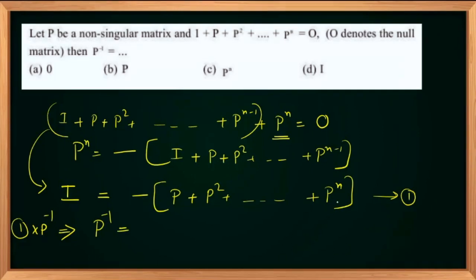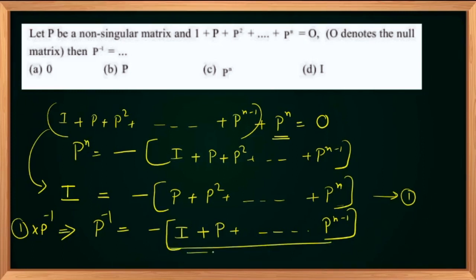If I multiply with each term, one degree will be reduced. So P inverse into P is I, P inverse into P square is P, etc., P inverse into P raised to n is P raised to n minus 1. Now this is the value of P inverse. This is already obtained as P raised to n, right? So P raised to n is equal to P inverse.